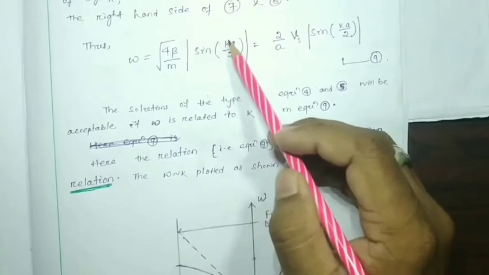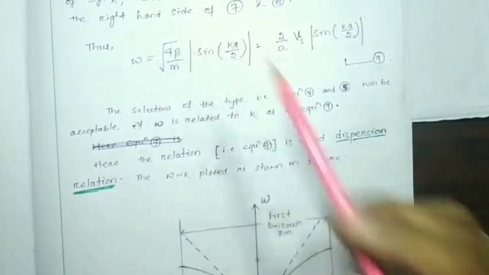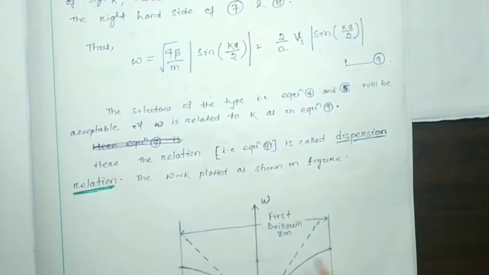Sine k a by 2, or sine pi by 2, will be 1, and the omega will be 4 beta by m root over this much value. Why it is a dotted line, we are going to discuss in the preceding sections.